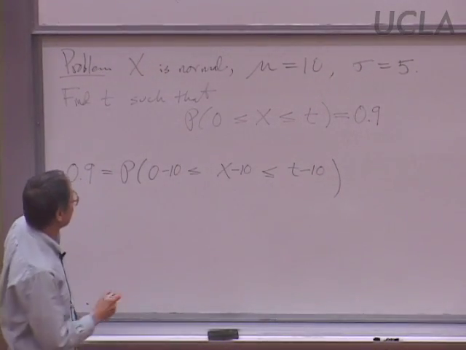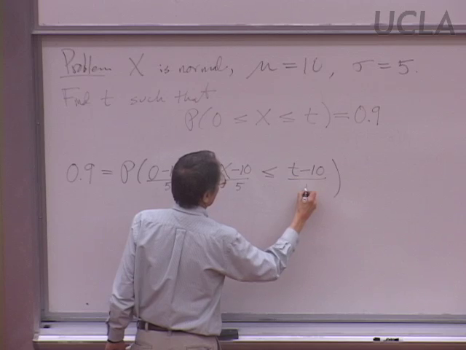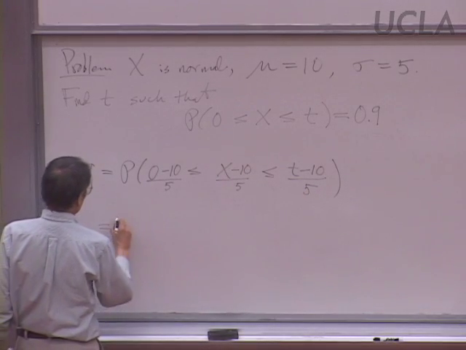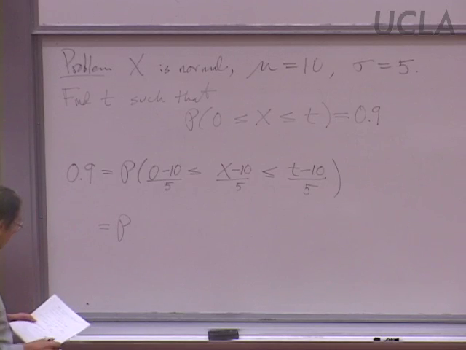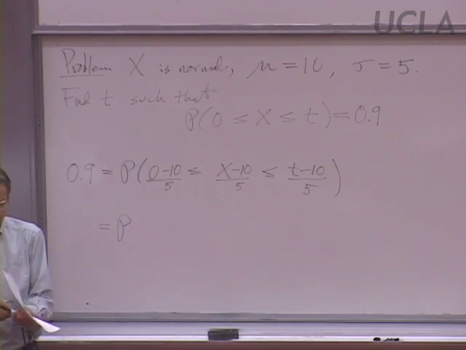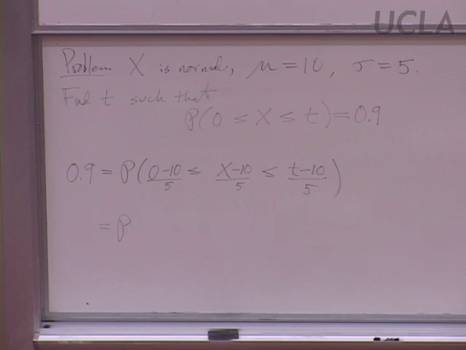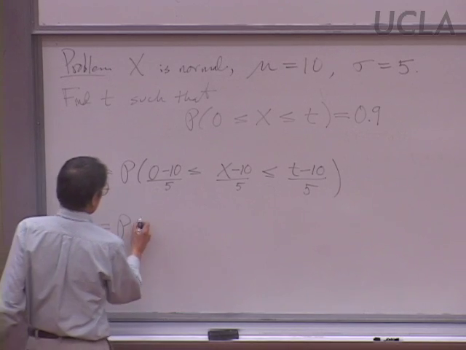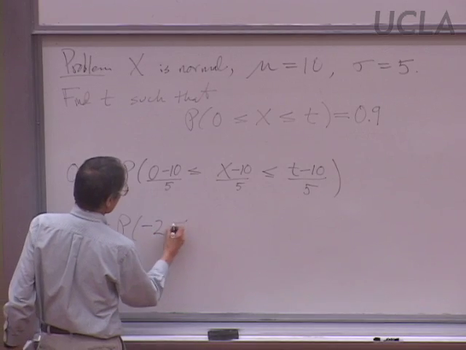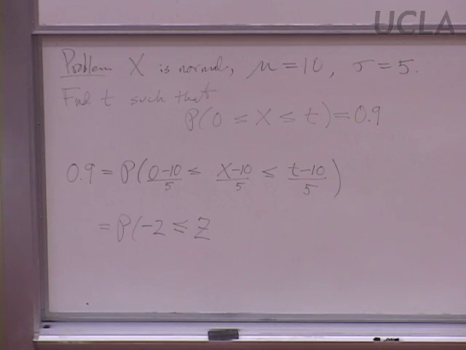And we'll divide by the standard deviation. Then this is an equivalent inequality. So it's the same event. The probability is still 0.9. We haven't changed the event. But we simplify that to -2. And x minus 10 over 5 has the standard normal distribution, call it z.